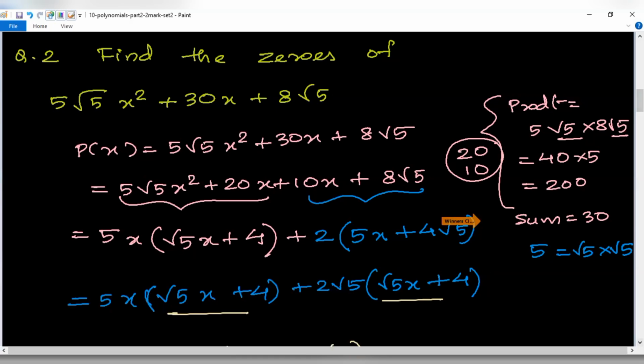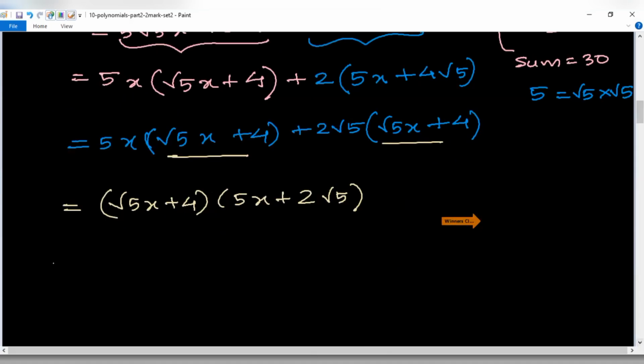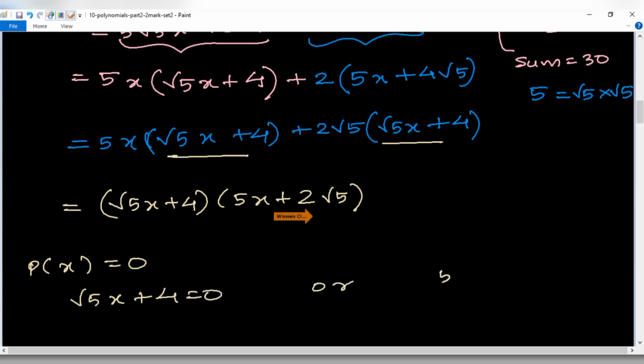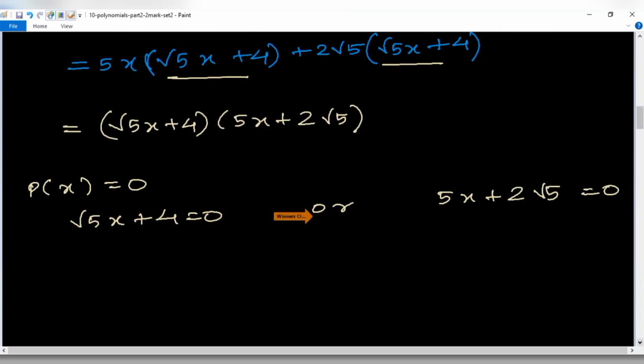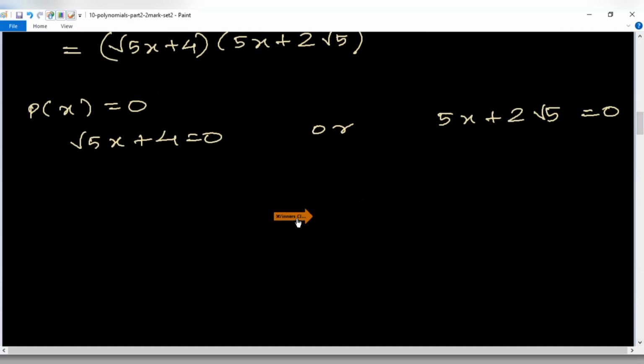Now we have to find the zeros, which means we have to put p of x equal to 0. This happens when root 5x plus 4 equals 0, or 5x plus 2 root 5 equals 0. These two are the possibilities to get p of x as 0.